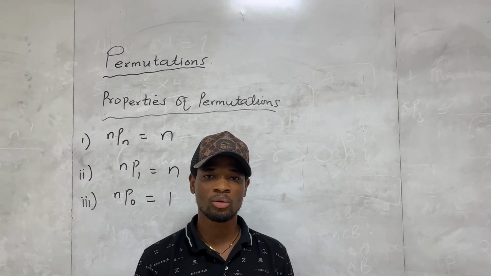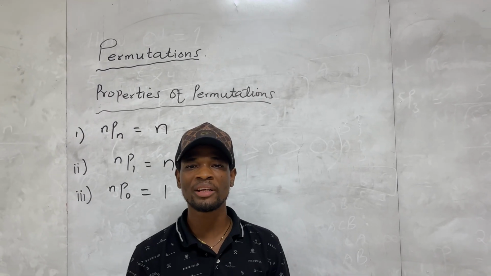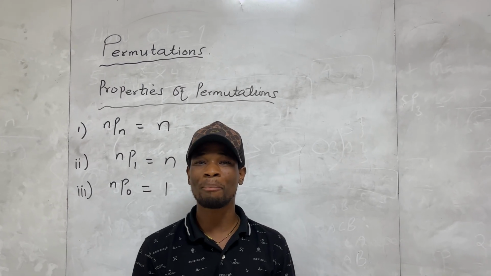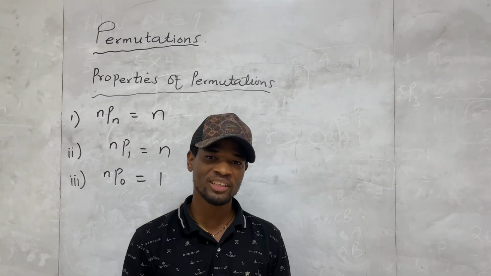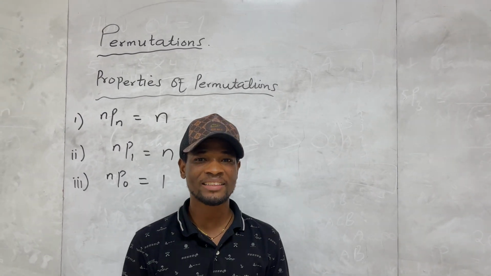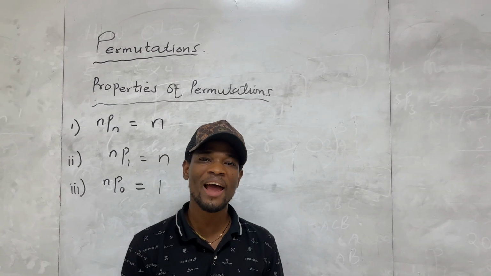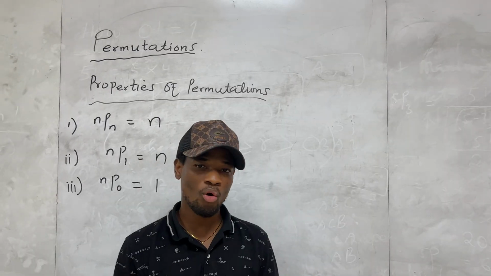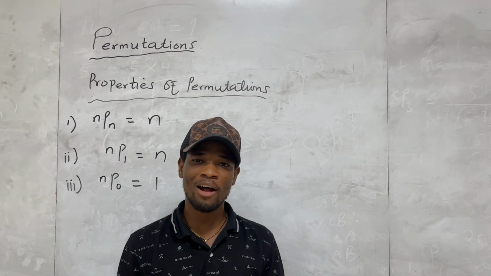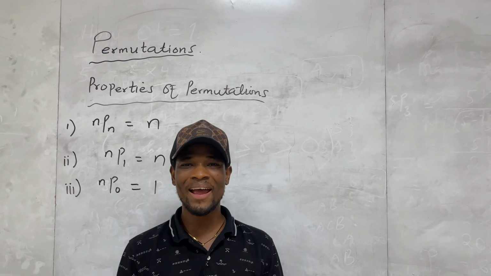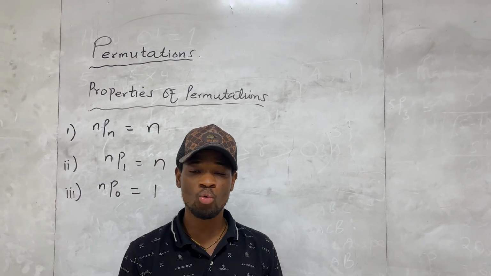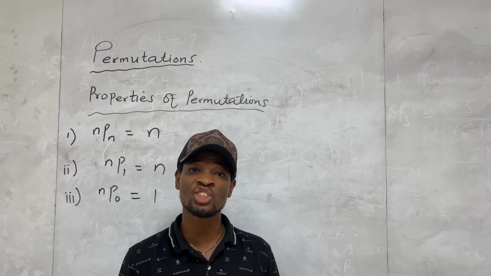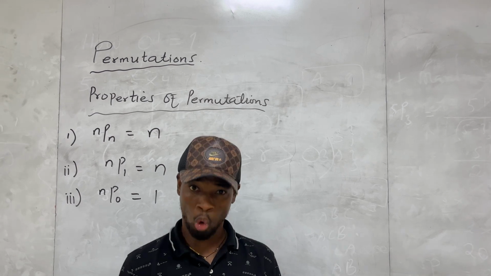And we said the number of ways we can arrange a given number of items, without repetition or any restrictions, taken r at a time, is given by nPr, which is equal to n factorial over (n minus r) factorial, where n is greater than or equal to r, greater than or equal to 0, for that equation to hold.